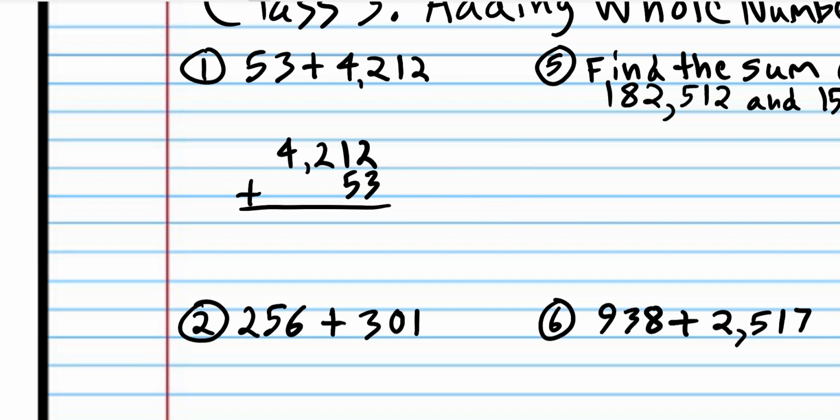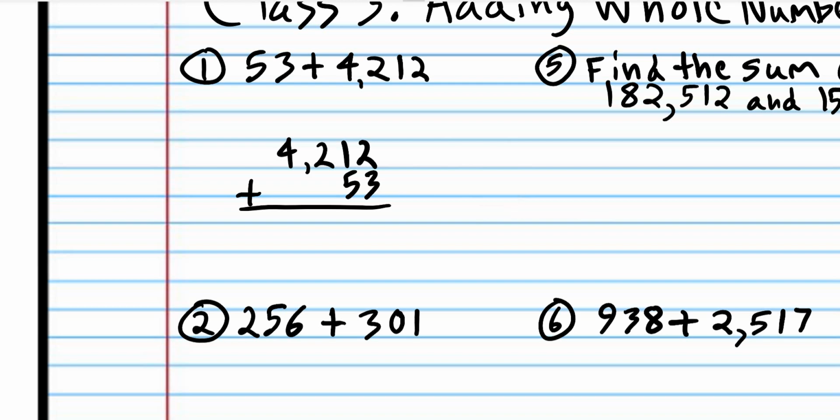And so now we're going to add up the numbers. But before we add them up, the most important thing that you have to know is that when you line up the numbers vertically, the place value of the numbers has to be lined up.